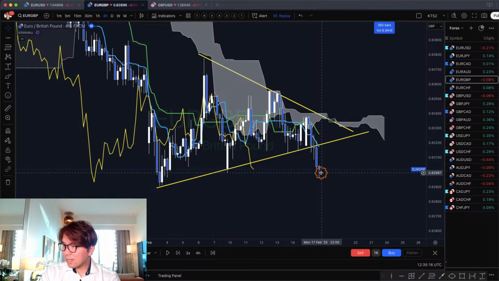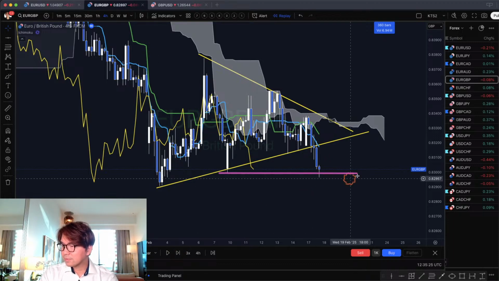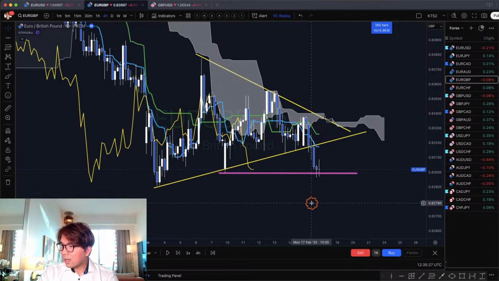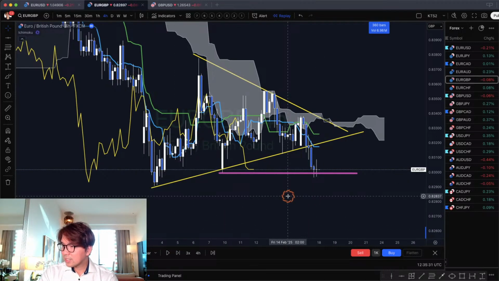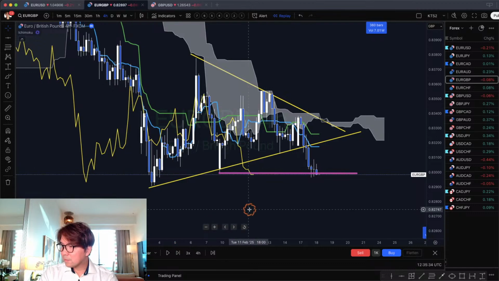4-hour, it's bearish, but there's a pin bar. Looks like it's been supported by the previous low, still like this way. So it may retrace. Doji, so still being supported. Still supported.